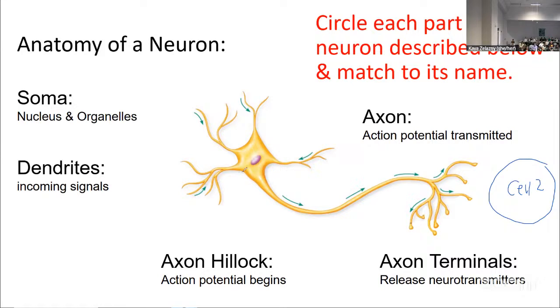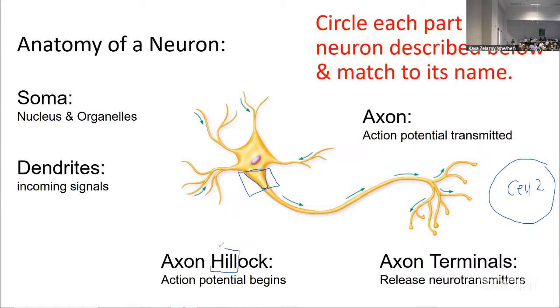So you're going to see this pinching off point here from the body of the neuron, from the soma. This little triangle is what we're trying to focus on here. You think of it as looking kind of like a hill, and a triangle shape to it. So this is the axon hillock.